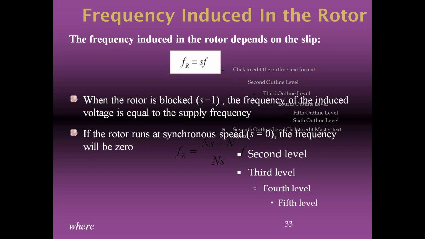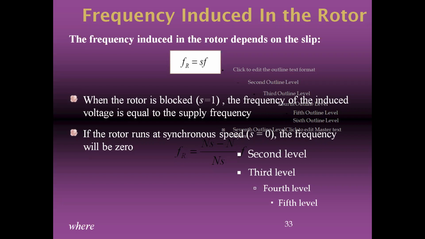Now, in a transformer, the EMF or power is transferred from primary to secondary at the same constant frequency. If someone asks what is the frequency of induced EMF in the secondary of a transformer, it is the same as the primary, means 50 hertz means 50 hertz.